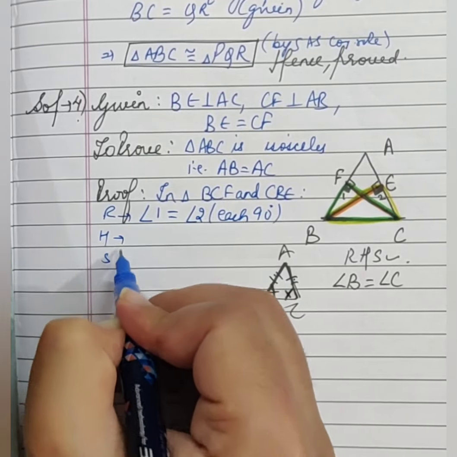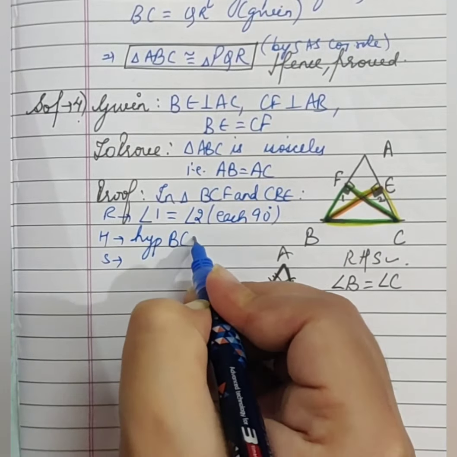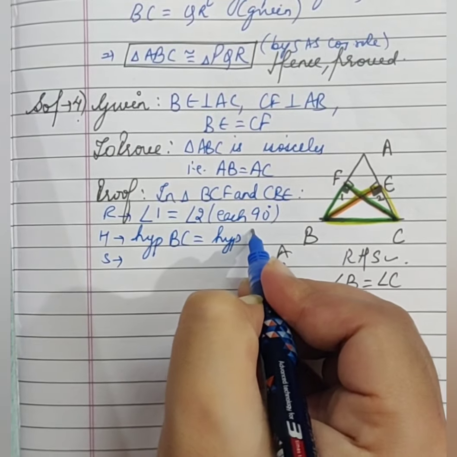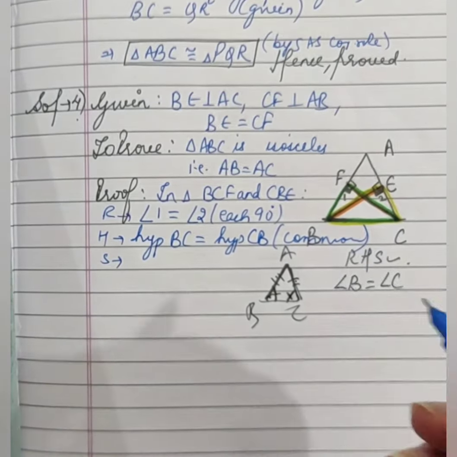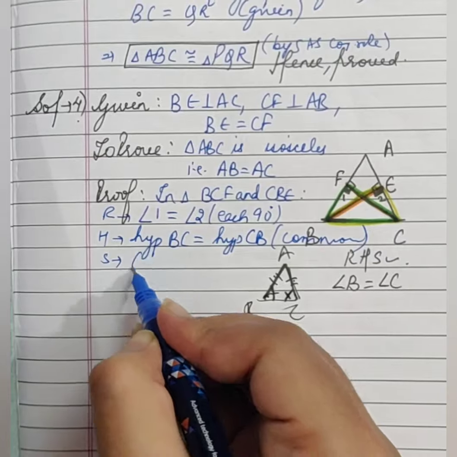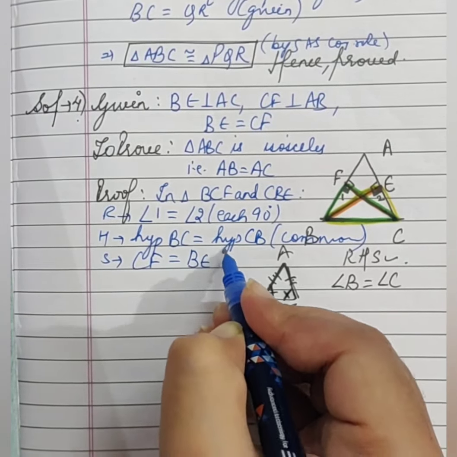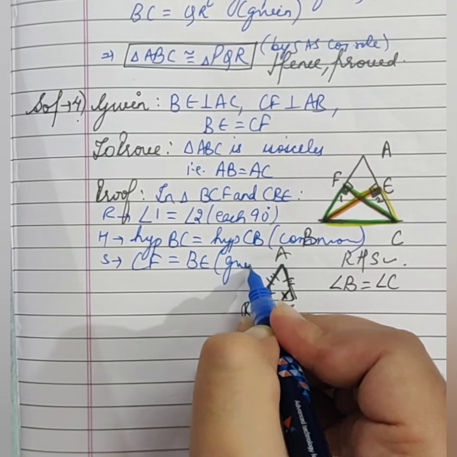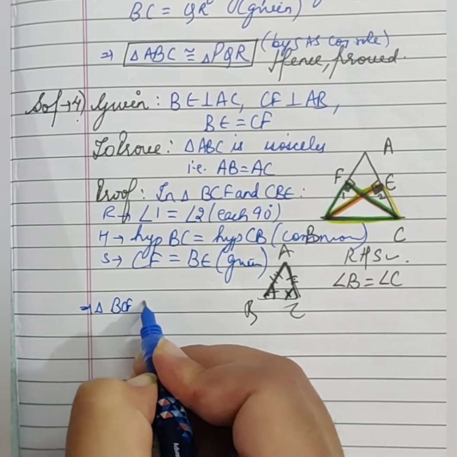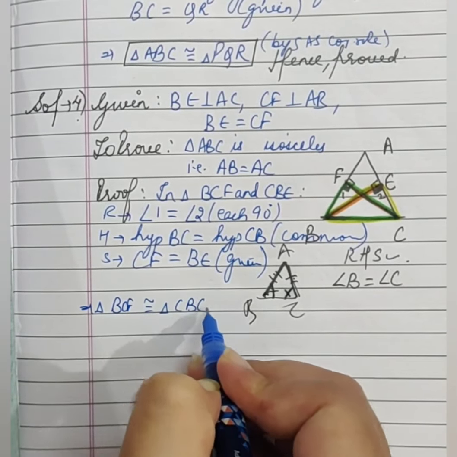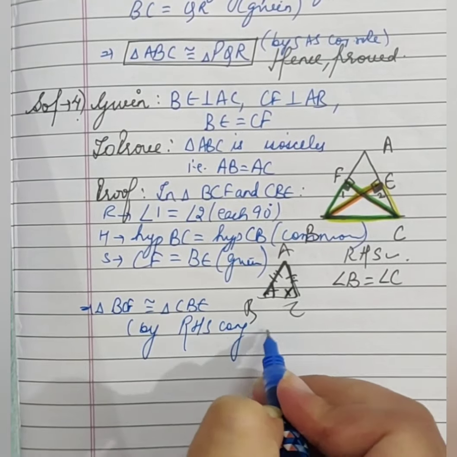First of all, write R condition, then H, then S. Hypotenuse BC is equal to hypotenuse CB. It's common. And the side condition is CF of green is equal to BE of blue. This is given. It implies triangle BCF is congruent to triangle CBE by RHS congruence rule.